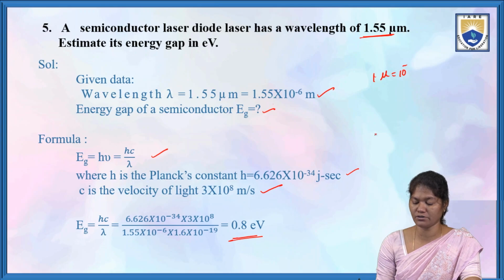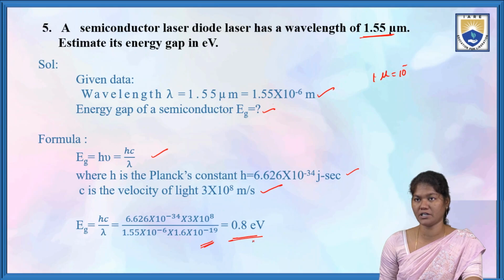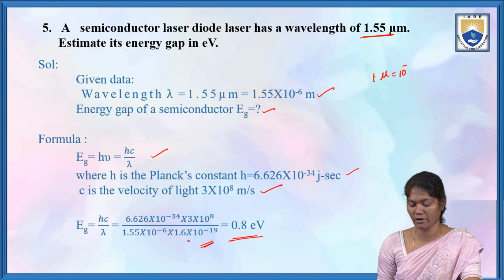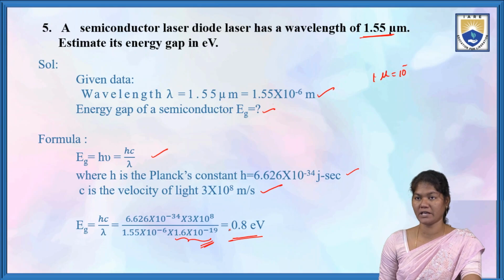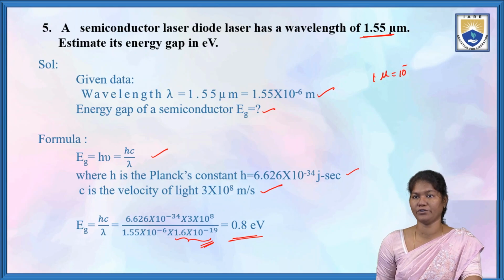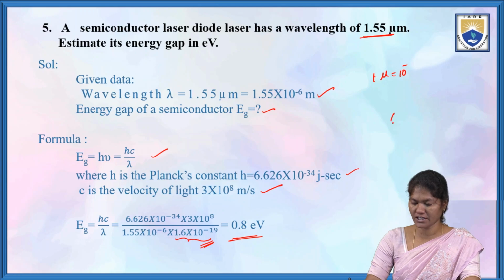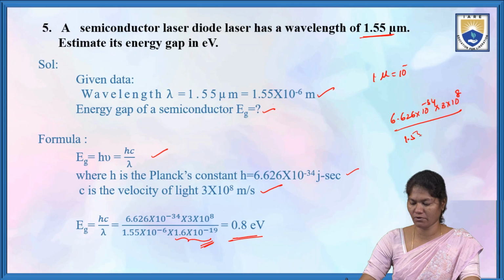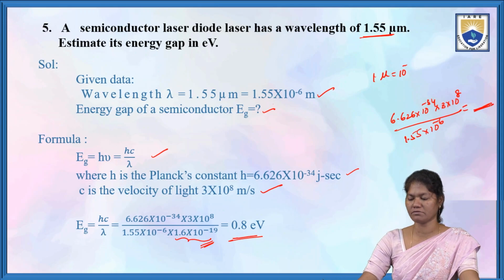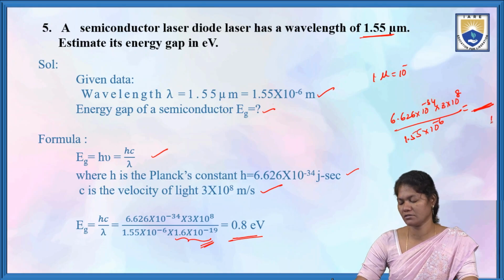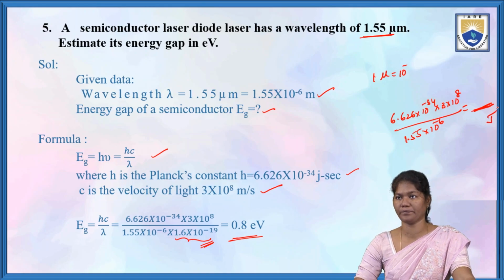We took all the values in joules. In the final expression, 6.626 into 10 power minus 34 into 3 into 10 power 8 divided by 1.55 into 10 power minus 6 gives the value in joules.